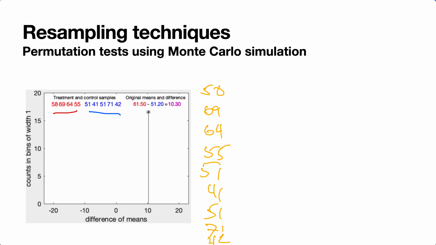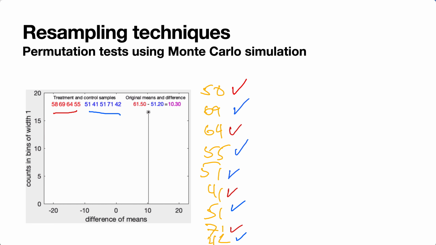And we make a random set of labels for it. So I'm going to label this one red, that one red, that one red, that one red, and I'll make these ones blue, where the only thing I'm doing is maintaining the overall proportion of red and blue samples.